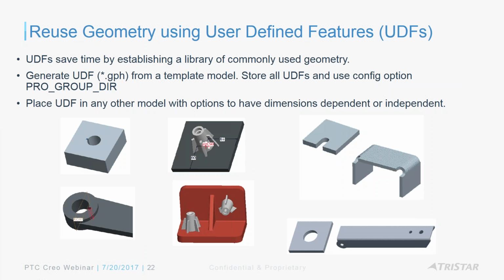Another nice thing in the part modeling world is to reuse geometry again and again, right? The UDFs are a great example for that. I mean, user-defined features allow you to create a template or like a group file so that others in the company can reuse that geometry again and again. It could be in sheet metal design, it could be in regular part modeling.